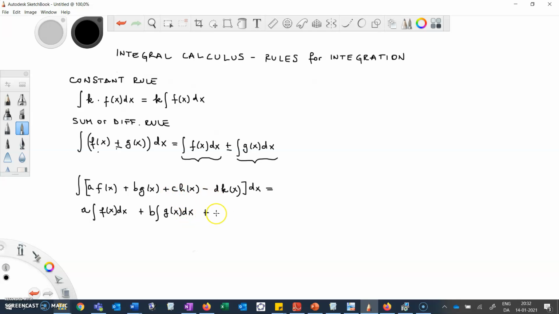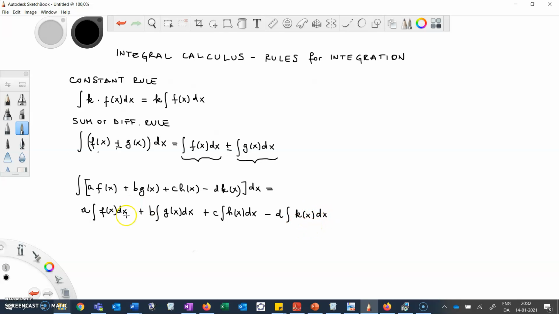Then we're going to have the integral of h of x multiplied by the constant c in dx. And then we have a constant here that is d with a minus in front, so I'm going to bring out d, and I'm going to calculate separately the integral of k of x in dx.